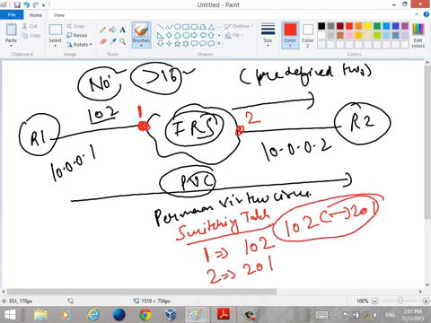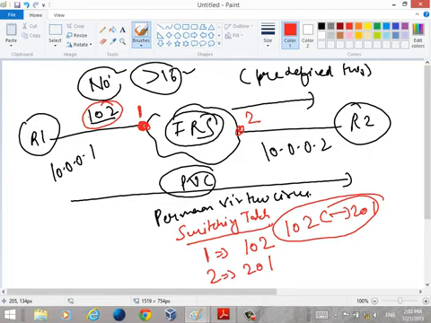Whenever 102 sends traffic, the switch will never read IPs, because it is using which layer information? Layer 2. A switch cannot read layer 3 information. In the same way, a frame relay switch cannot read layer 3 information. Now look here. The switch will say, information is coming from which DLCI? I have to switch it to 201. By this one thing is very clear: PVC is always unidirectional.